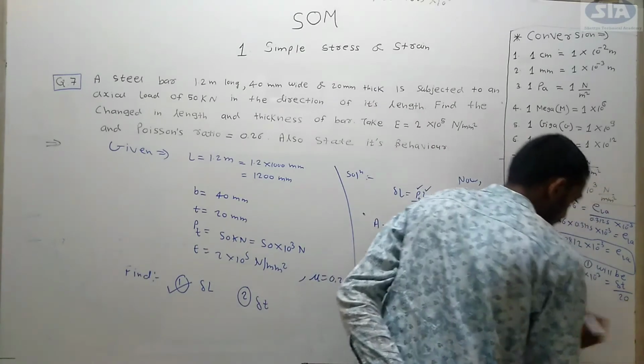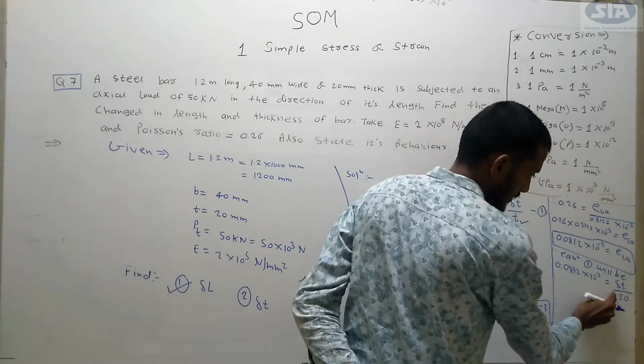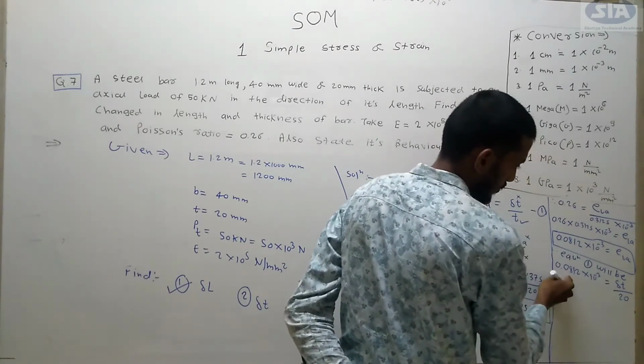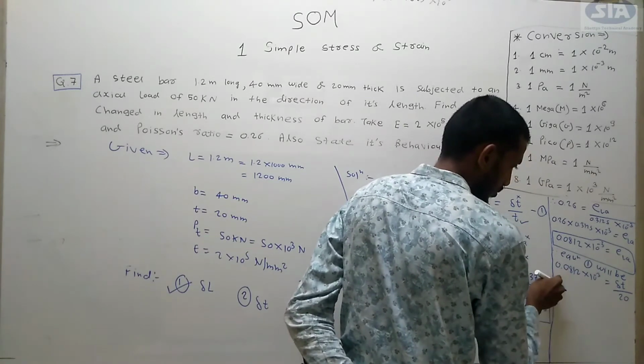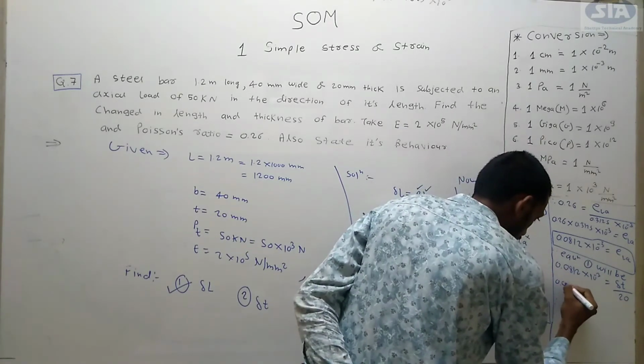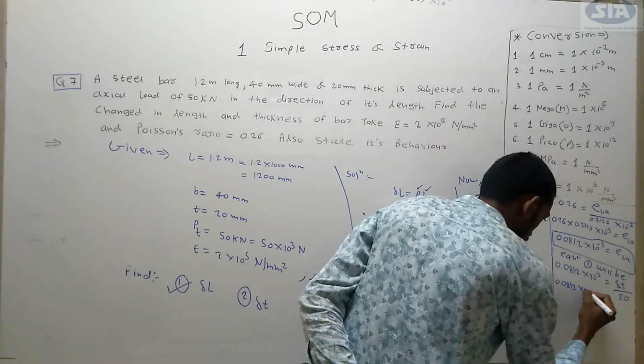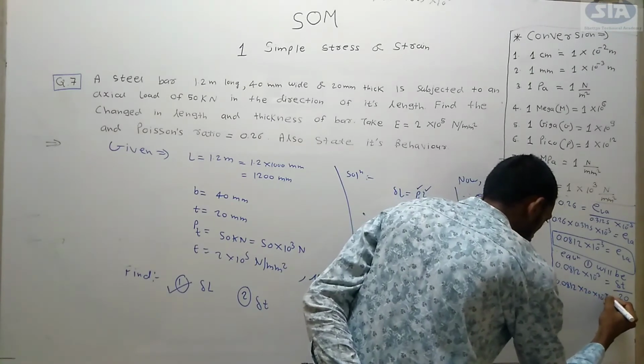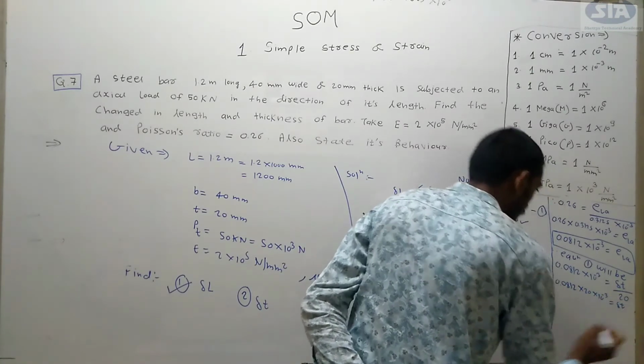So I am writing 20, and 20 is in division with delta T. When we shift it to the left hand side, it is in multiplication with all these terms. That comes 0.0812 into 20 into 10 raised to minus 3, which is equal to delta T.